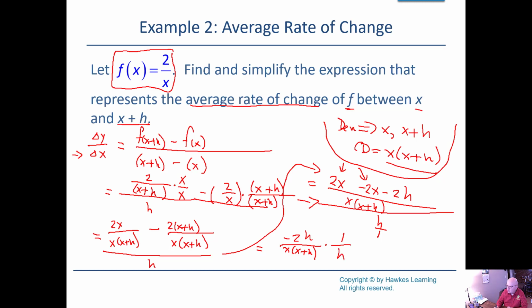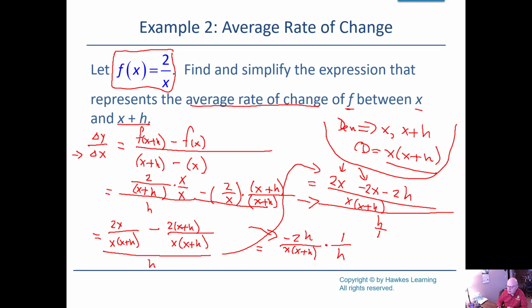Got that? Take it back a second if you need to. We're dividing by h over 1, which is the same as multiplying by 1 over h. Okay, so what do we have? If we look at this fraction, because this is multiplication here, we can cancel this h.